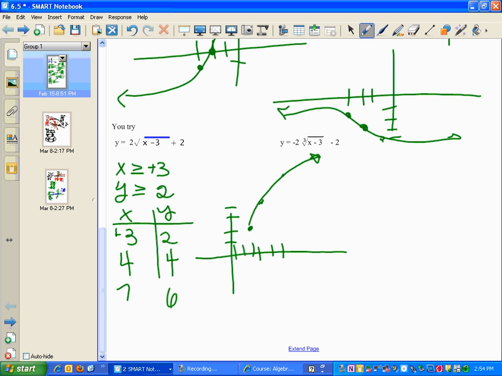Would you agree? Does that make sense? Our charts will be probably pretty similar because we're going to be trying to find values that we can take square roots of. Okay? And it's going up, but it's going up to the right, not up straight.